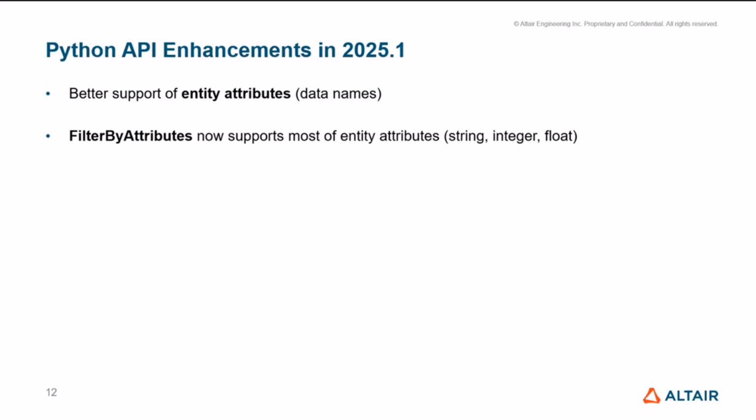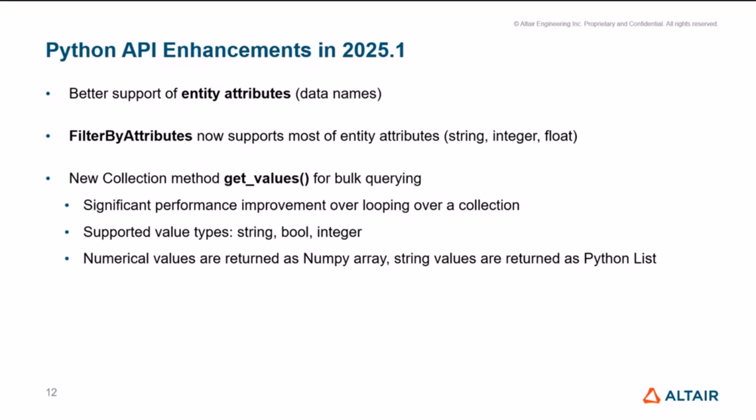Filter by attributes has been significantly improved in terms of which attributes are supported. Before, the selection was a bit limited. Now pretty much all string, integer, and float attributes can be used as criteria for creating a collection of entities. We're hoping that this is going to be a big hit.